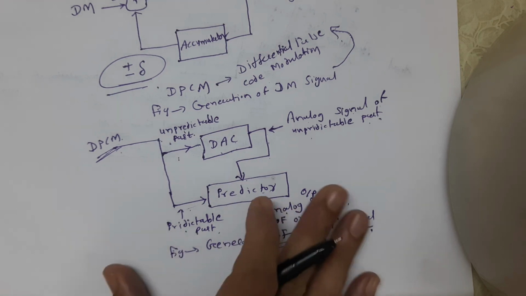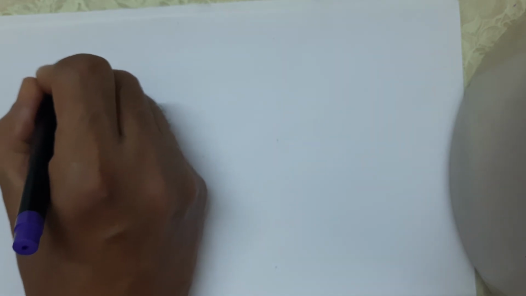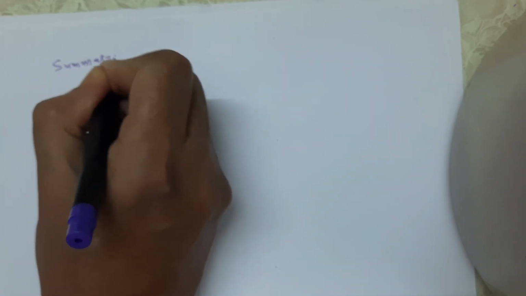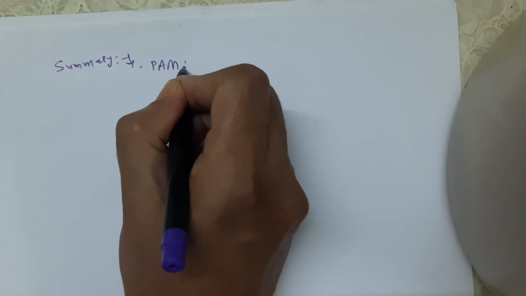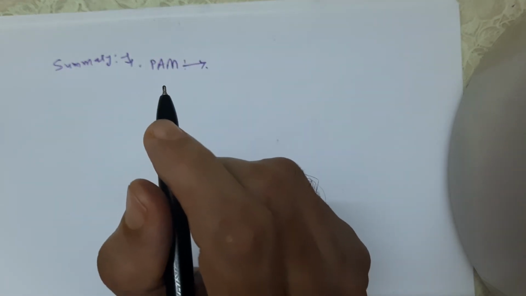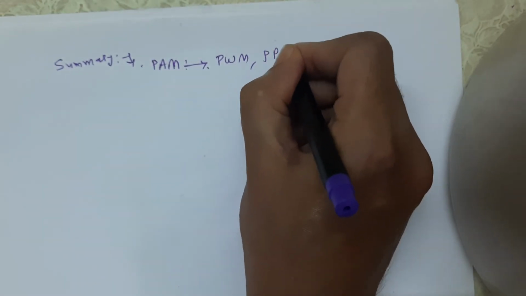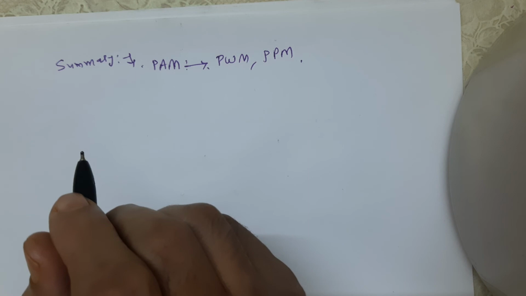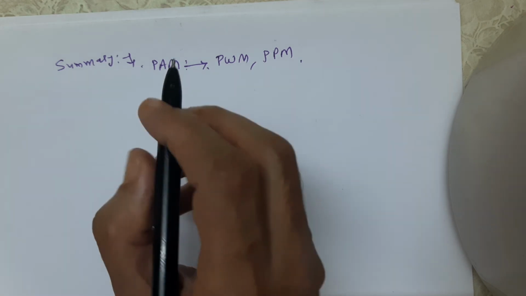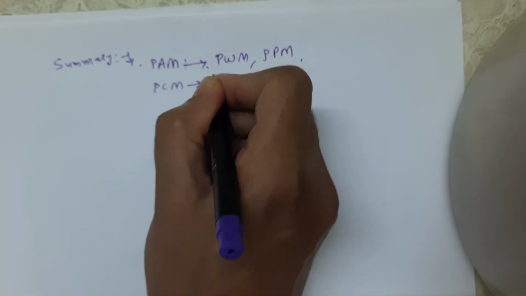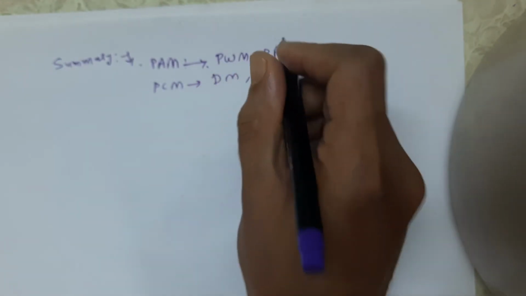This completes your chapter. We are just going to summarize the chapter. This chapter describes the various pulse modulation techniques. PAM is described first, followed by PWM and PPM. PCM is described next, followed by DM and DPCM.